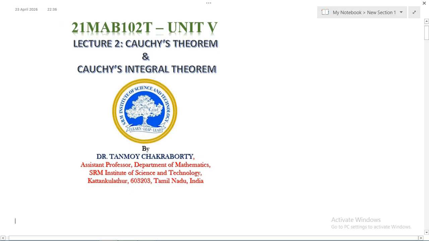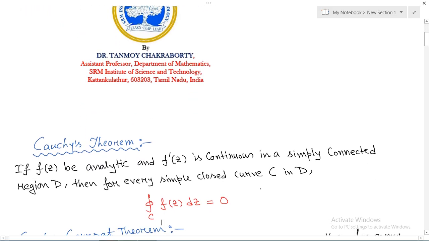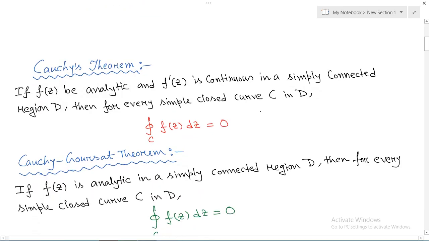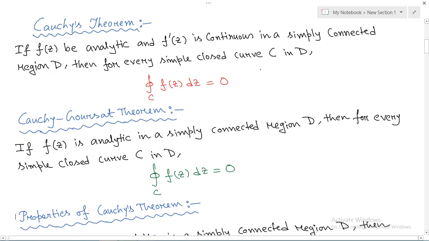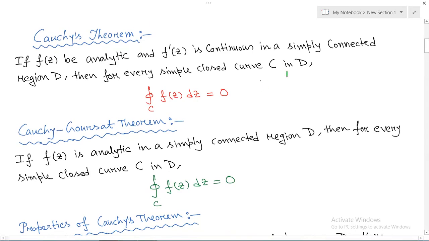Now before we start, first of all we need to understand the first concept of this whole discussion, that is Cauchy's theorem. It is one of the most important theorems in complex analysis from the viewpoint of complex integration. Suppose we have a function f of z, and that function f of z is analytic.